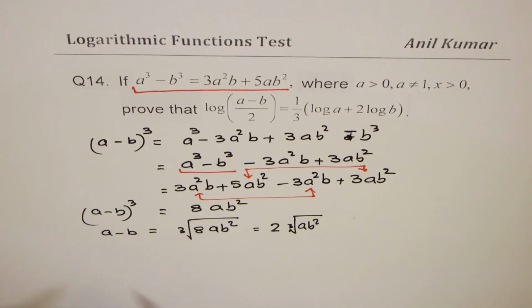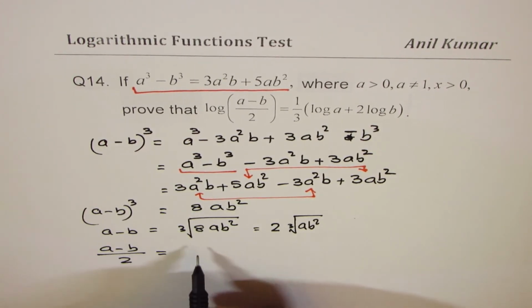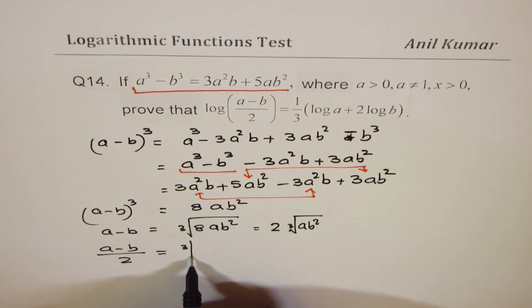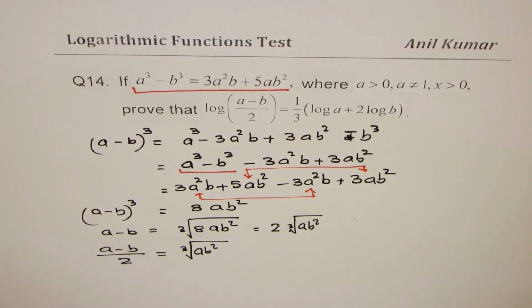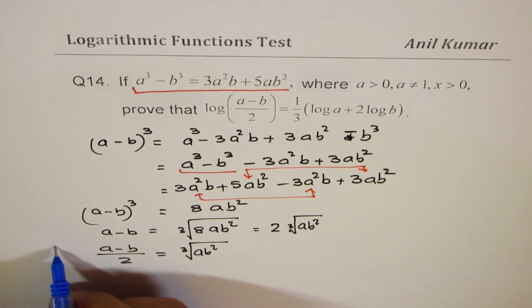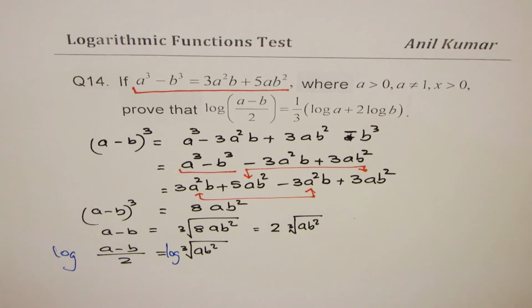So dividing by 2, I could write this as a minus b over 2 equals cube root of ab square, right? Now if I take log both sides, what happens? That is what we will see, right? And that will give us the result.